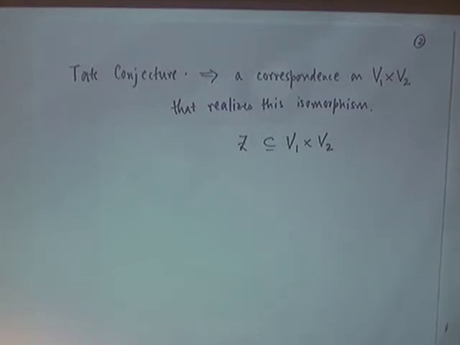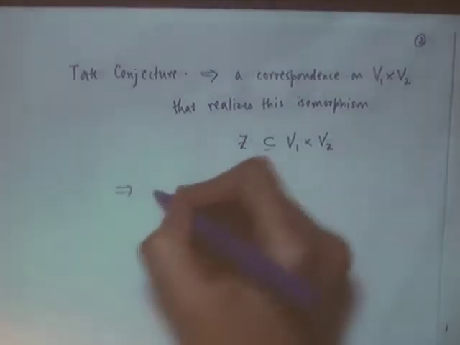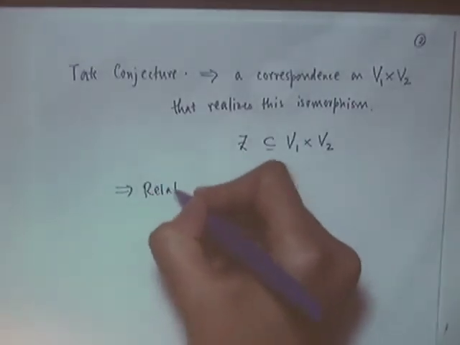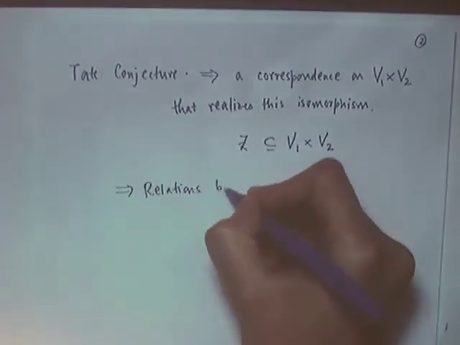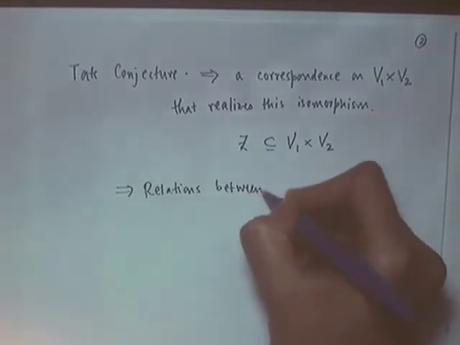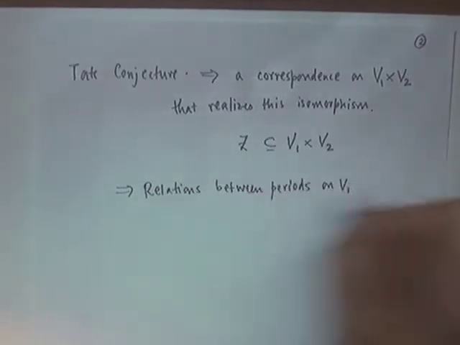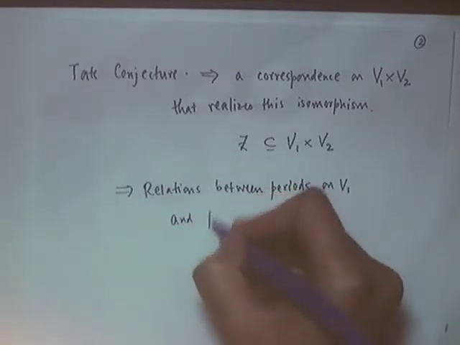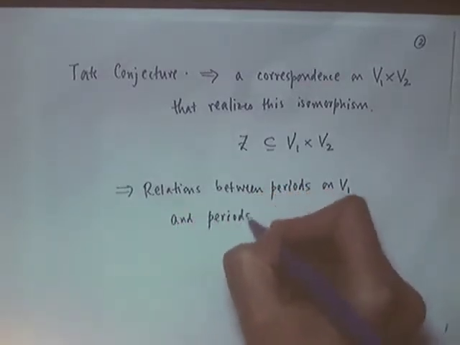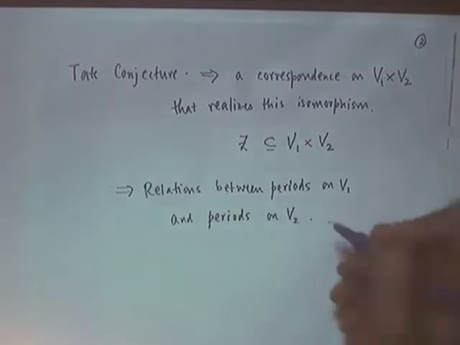Namely that if you knew that such a correspondence existed, then this should give you relations between periods on V1 and periods on V2. This is at least easy to imagine.